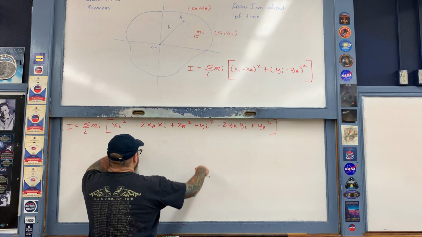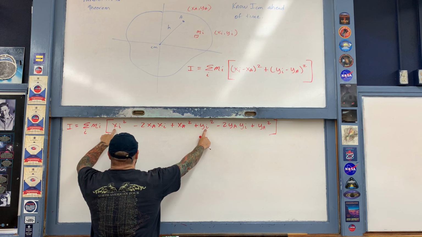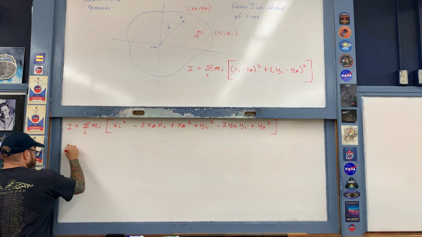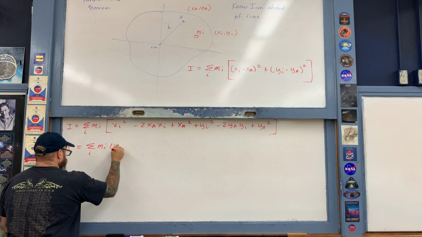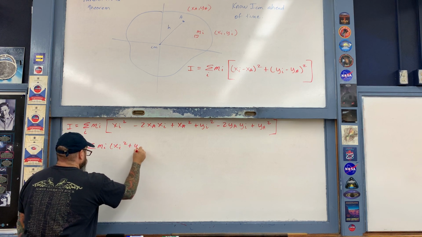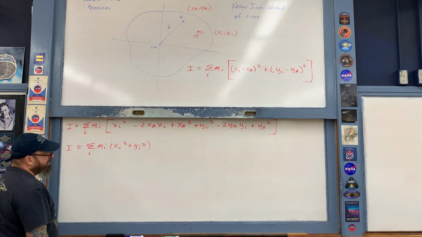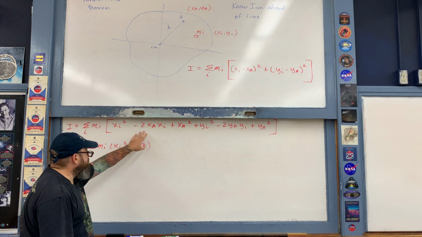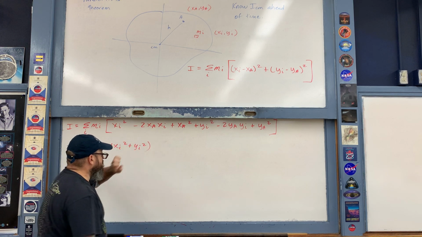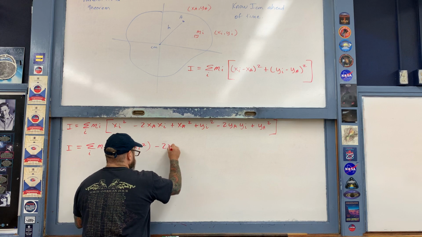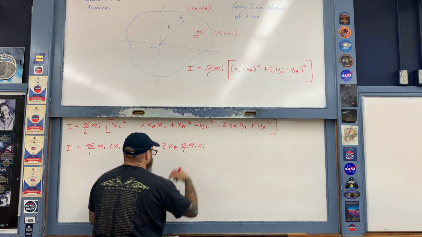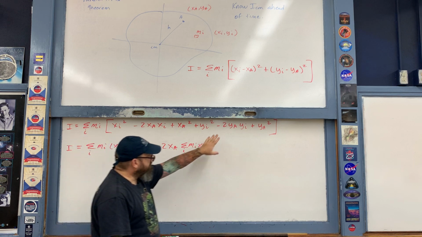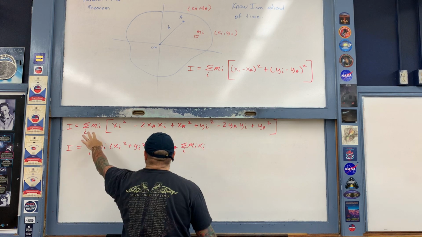Okay, let's first of all group these two terms here with the summation symbol. Like so. Now with the summation symbol, let's take this term here. I'm going to write it like this. So, okay, let's do the same thing with this term here with the summation symbol.